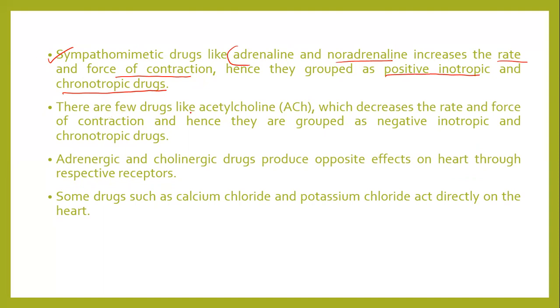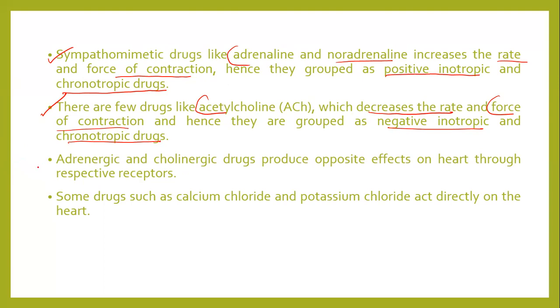There are a few drugs like acetylcholine which decrease the heart rate, so it becomes negative chronotropic. Also they decrease the force of contraction, and hence they are grouped as negative ionotropic and negative chronotropic drugs. If you look at these two types of drugs, sympathomimetics and parasympathomimetics, their actions on the heart are exactly opposite.